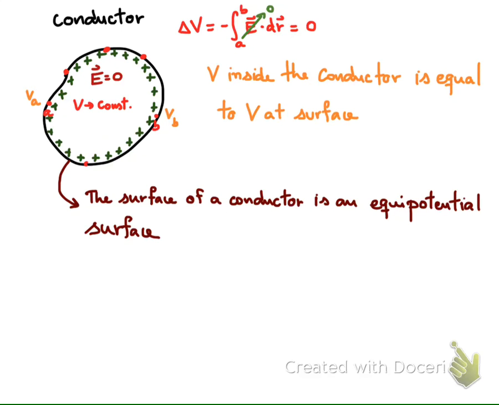Now, let us see the situation like this. We have a conductor with arbitrary shape, but this time, this conductor is hollow. That is, you have space inside the conductor. The question is, if you have a hollow conductor like this, or a conductor with a cavity, can we have this conclusion also?